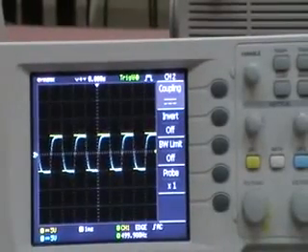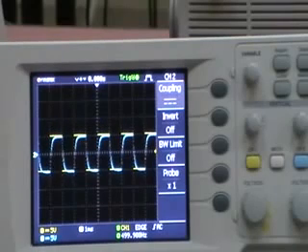Why are we getting different outputs in these 3 cases? In this case, the time constant of the circuit is very small compared to the time period.